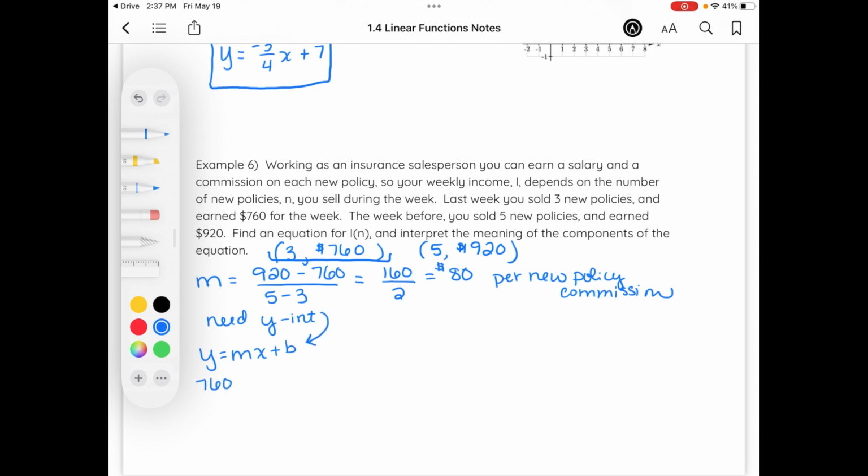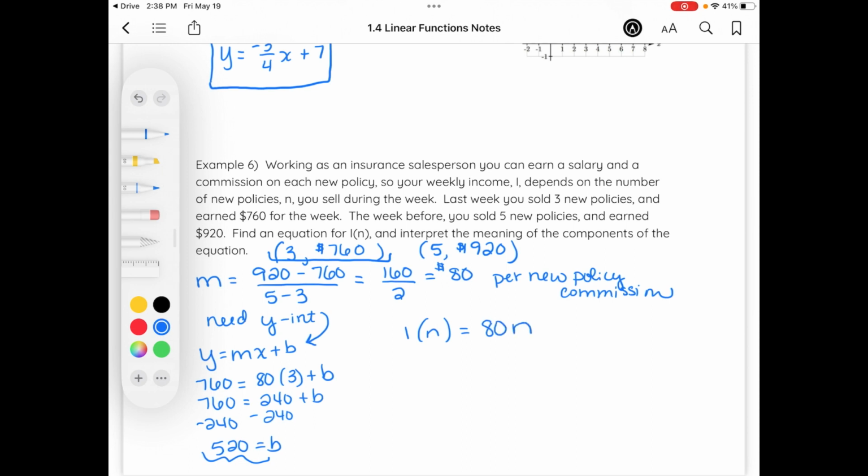So thus I'll have 760 equals my slope of $80 times 3 policies plus b. 760 equals 240 plus b. Subtract 240 from both sides. 520 equals b.